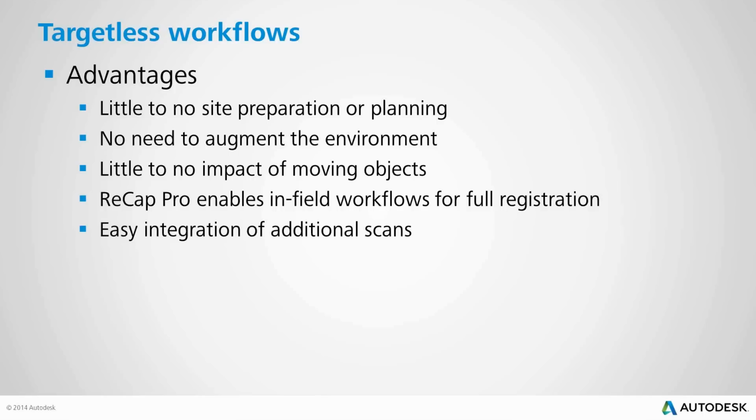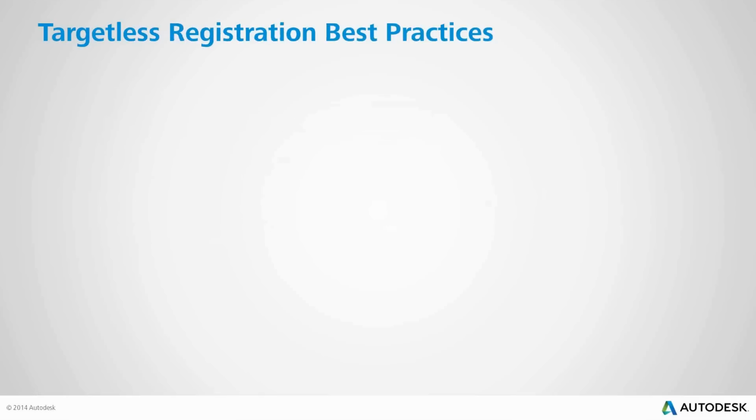Let's talk now a little bit about some of the best practices and things to keep in mind when registering in this targetless process. One of the important things that we want to think about is scan overlap. So in the target-based workflows, the most important thing is to make sure you have enough targets in your field of view. With targetless registration, it's overlap.